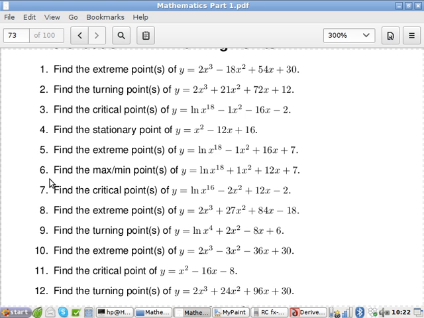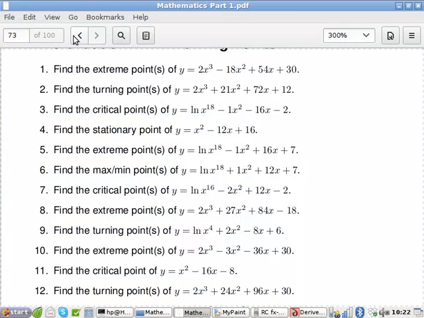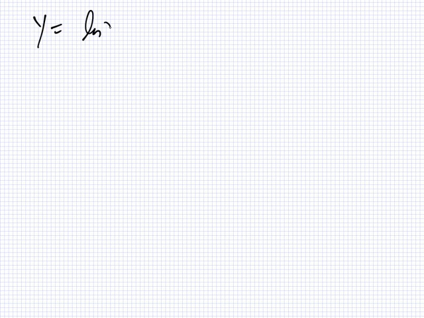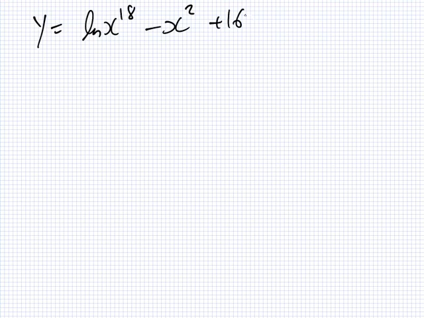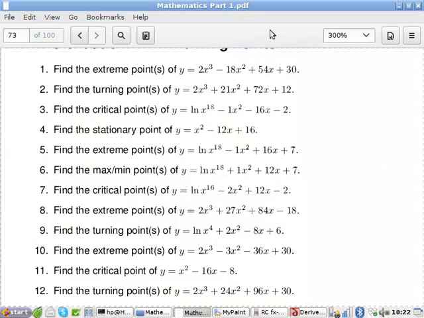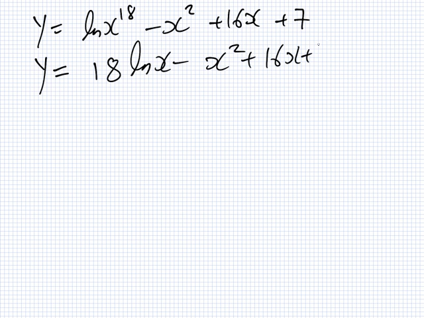Let's have a look at number 5. y equals log x to the 18, minus x squared plus 16x plus 7. What should I do first? 18. Correct. That's it. Now let's differentiate.